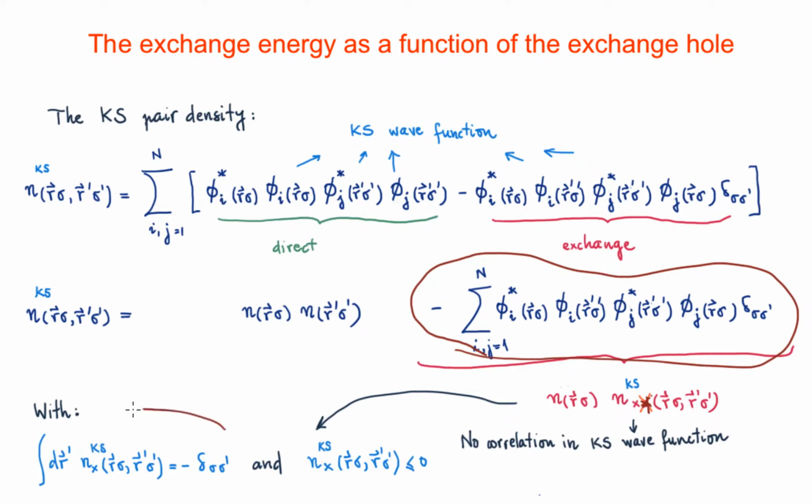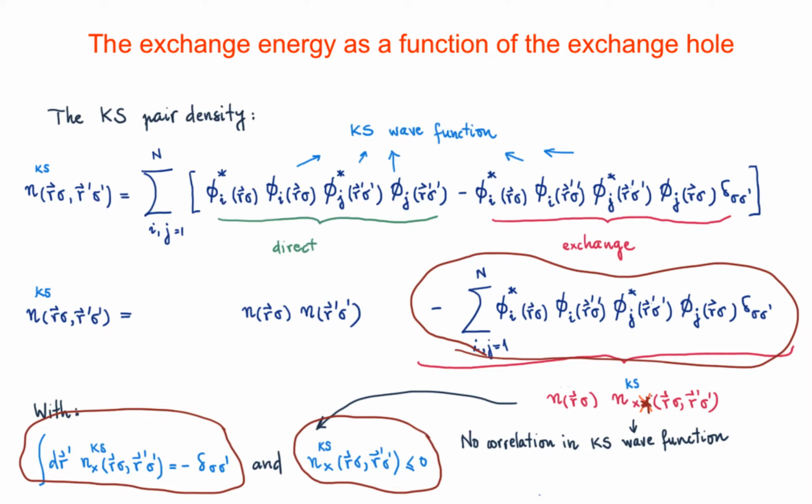This is one here, and the other one is this one. It can be shown that the exchange hole within the constant approximation is always negative or zero. It's never positive. That's important to have in mind whenever you need to make an approximation for the exchange hole: you need to satisfy those constraints.